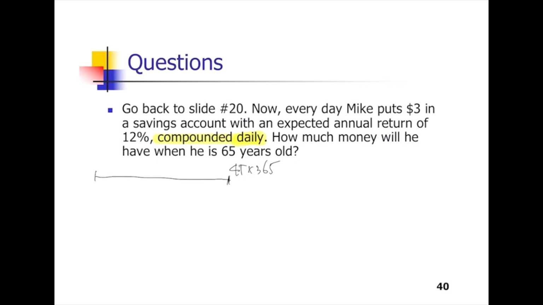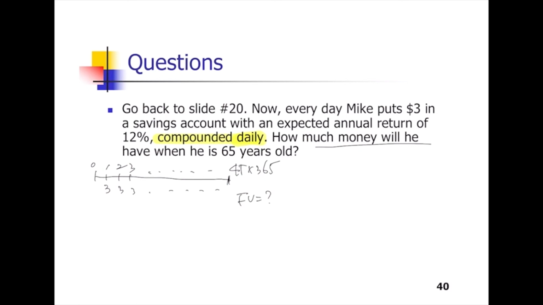And on day one he puts $3 in the saving account. And many days, right? And now we want to know how much he really has. So the future value, right? How can you calculate this?